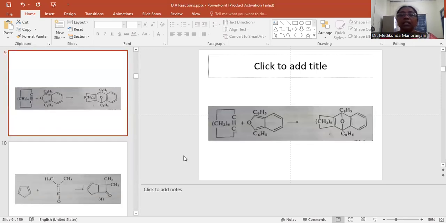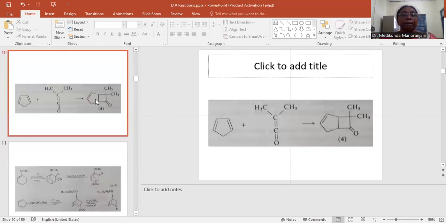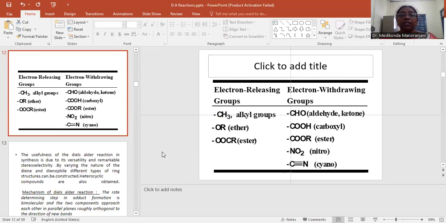Similarly, with cyclic compounds, both diene and dienophile are in the cyclic form to give a very complex adduct. So these are the various examples. In the diene, electron releasing groups will increase the rate of the reaction. And in the dienophile, electron withdrawing groups will increase the rate of the reaction, and vice versa.